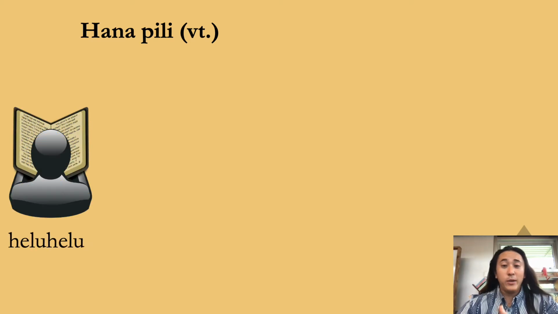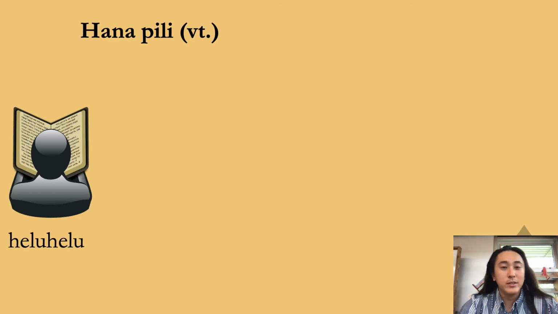So the first one, heluhelu, to read. You heluhelu i ka puke. You read the book. You can't really read nothing. You could read nothing, but to really say that you have read, you have to read something. So in 'Ōlelo Hawai'i, this becomes important because hana pili shows that the verb is affecting something.